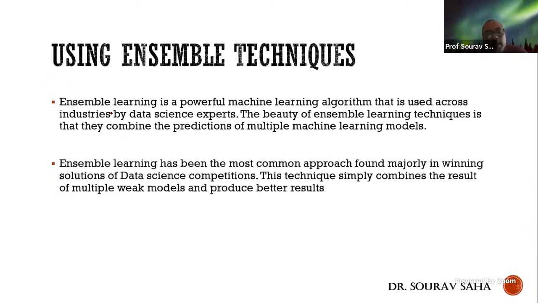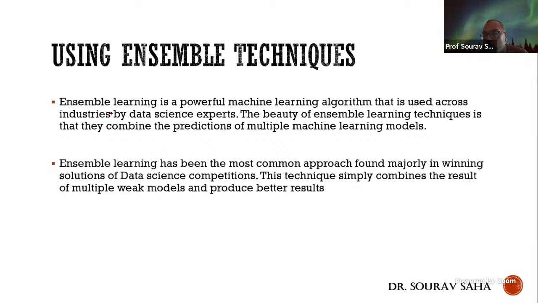The ensemble technique is a very powerful technique being used in industry by data science experts. Like I showed you the buffet, in the ensemble technique you put your models through multiple algorithms, and the prediction comes from the combination of these multiple algorithms, right?